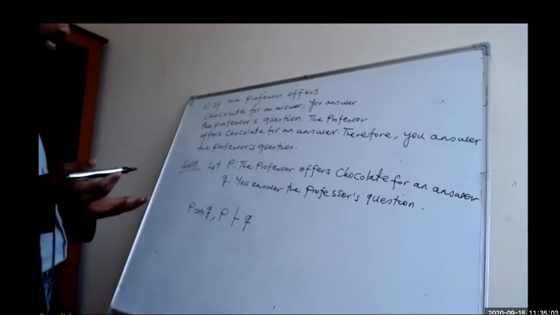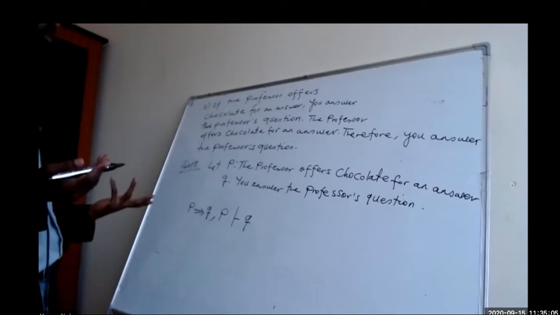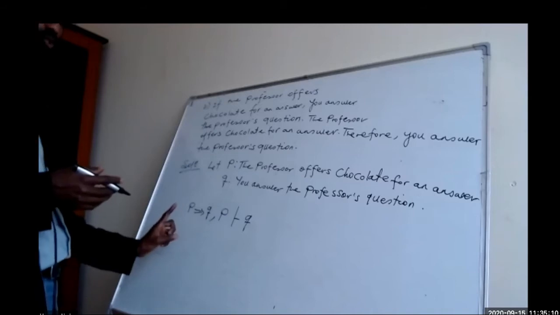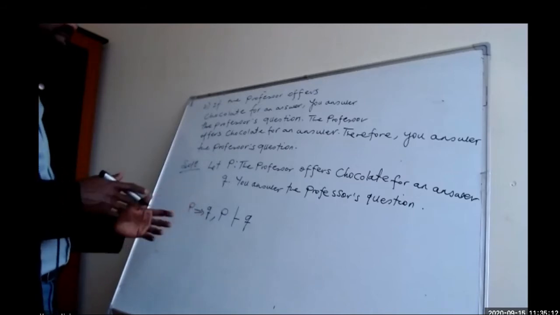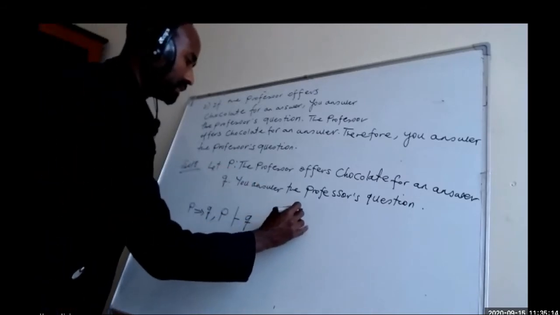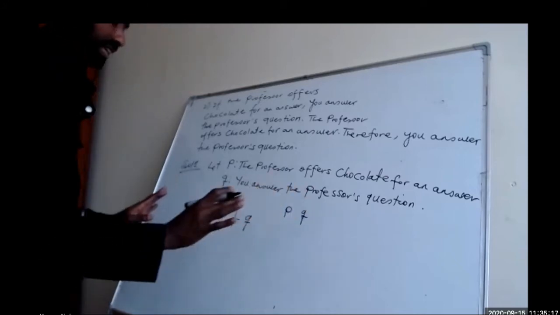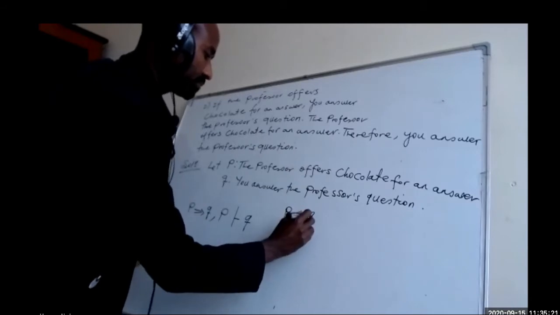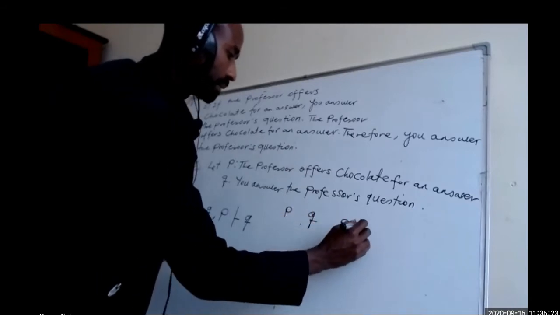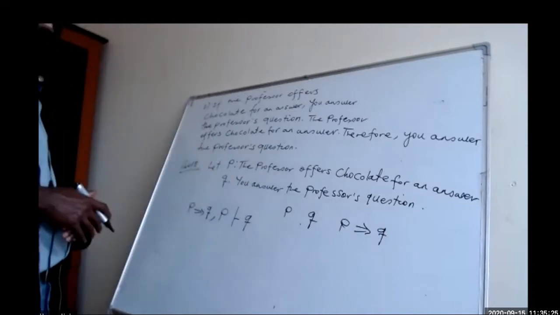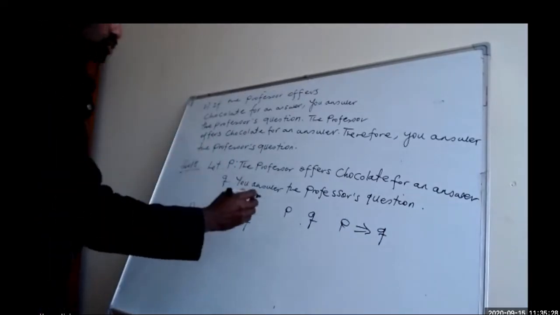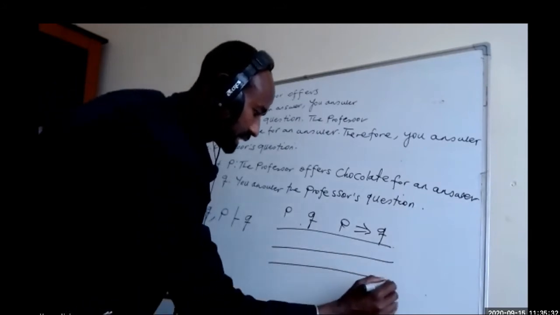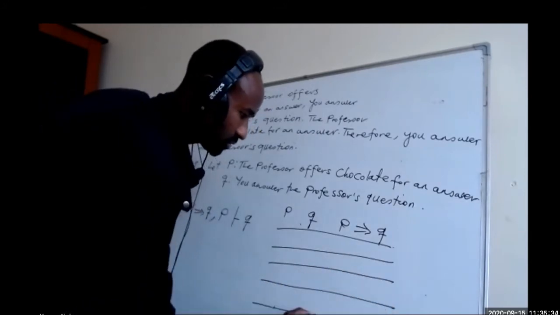So while we are constructing the truth table, how many propositions do we have in this logical argument? Only two. What and what? P and Q. We don't have any negation. So here is P implies Q. For two statements, the number of rows, as you know, are 4. So first, second, third, 4.